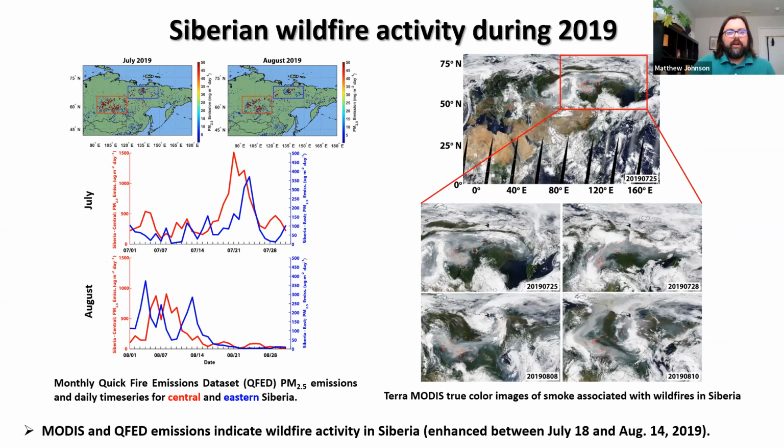The red is an area of central Siberia, and the blue is highlighting an area of active wildfires in the northeastern portion of Siberia, getting into the northern latitudes of this region. The bottom part of this panel shows the daily time series of the PM2.5 emissions. What we noticed from QFED is that there were very large wildfire emissions and activity in late July and early August of 2019.